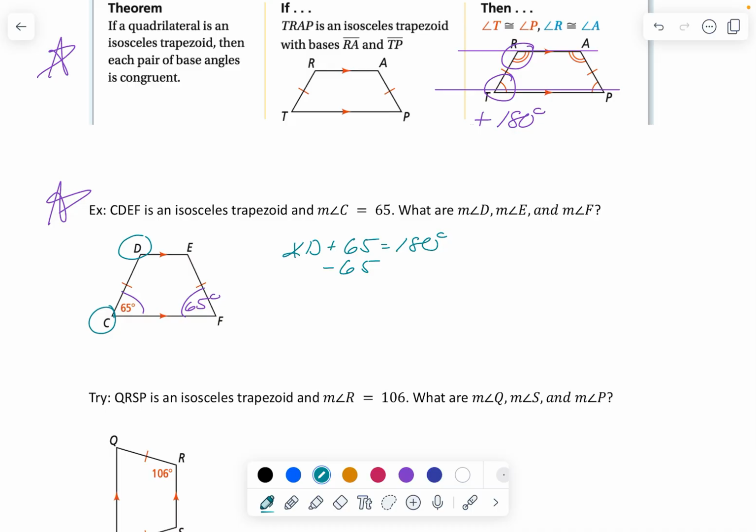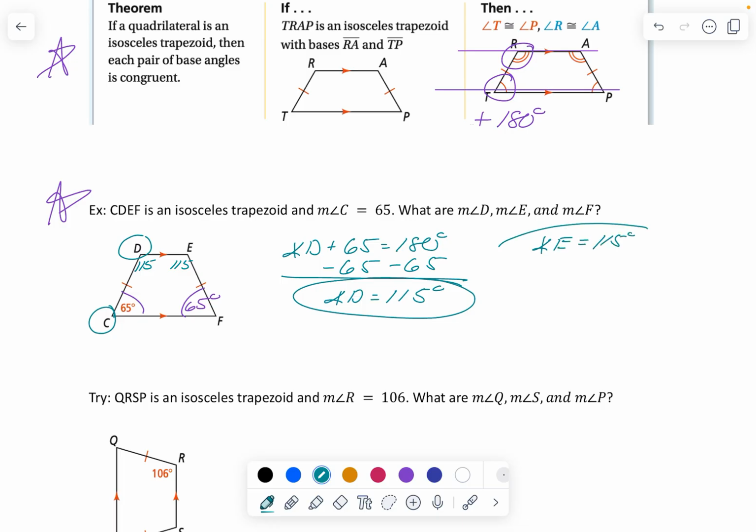If we subtract 65 from both sides, angle D is equal to 115 degrees. Angle E will also be 115, and then we said angle F is 65. So the top angles will be the same, the bottom angles will be the same, and a top and a bottom together equal 180. That's what we have to remember. So angle E is 115 as well, and angle F is 65. So we found them all.